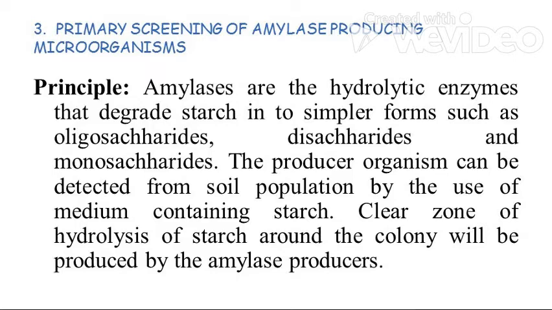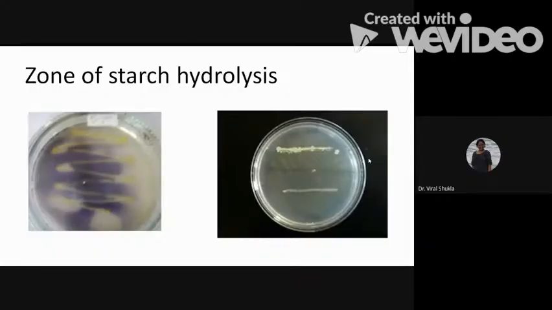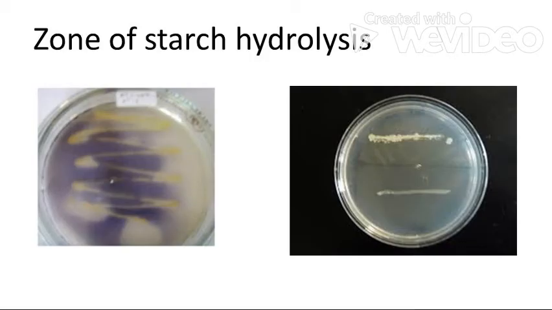Now here I want to mention some specific steps in the procedure. In the other two practicals, for example organic acid and antibiotic producers, we have not followed any specialized step. Only in organic acid producers have we followed dilution.